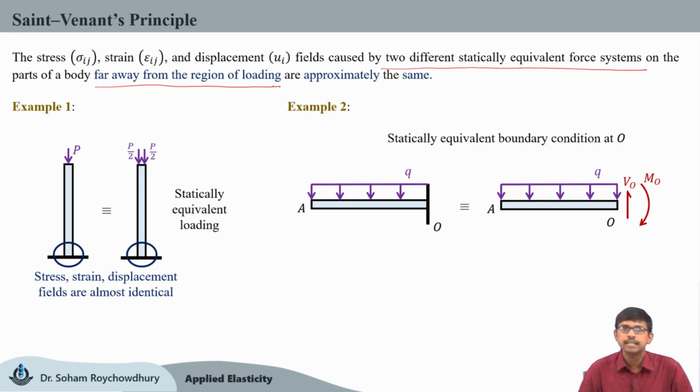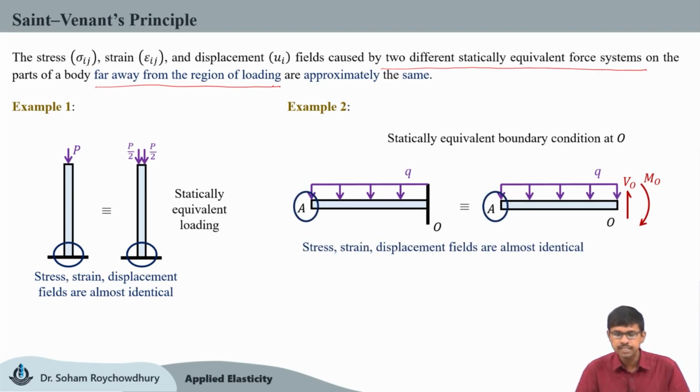These are called statically equivalent boundary conditions at end point O for the beam, which is loaded with a uniform load distribution of intensity q. Now, if I consider point A, which is far away from point O, exactly at the opposite end of the beam, the stress, strain and displacement fields would be identical for both of these two cases with statically equivalent boundary conditions at O.